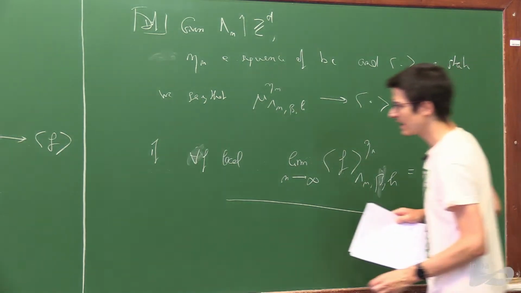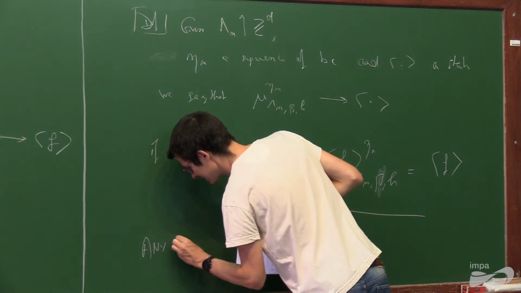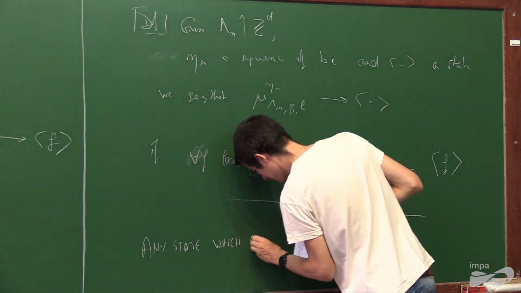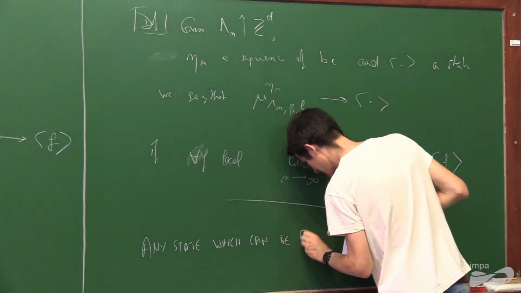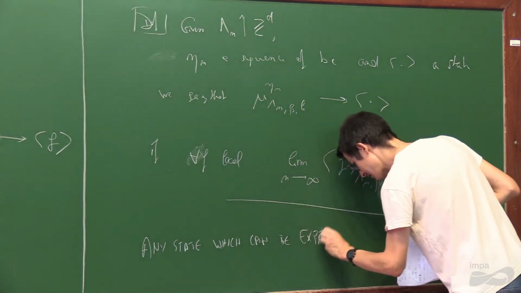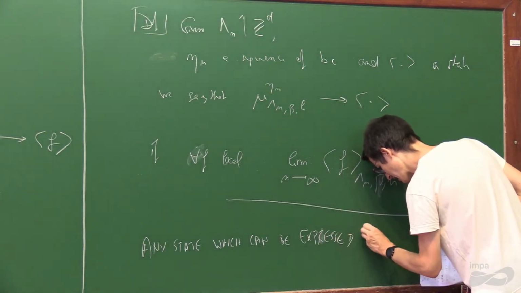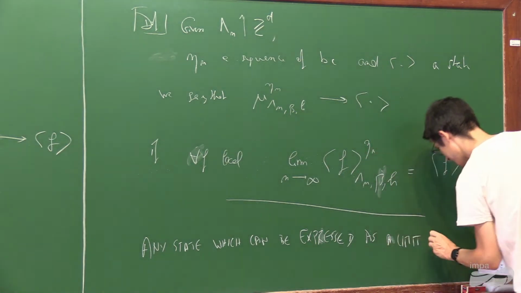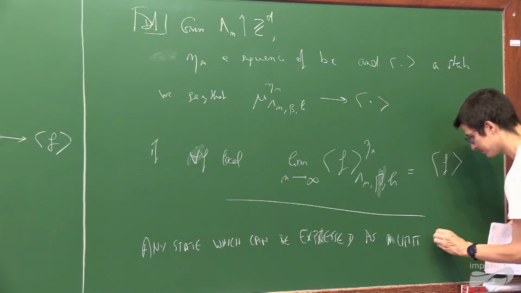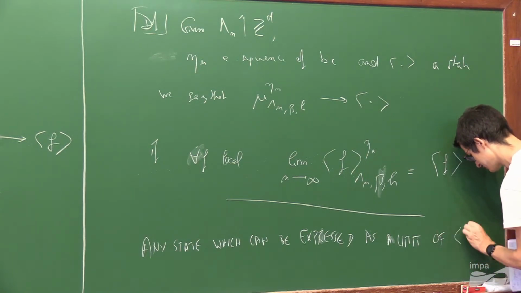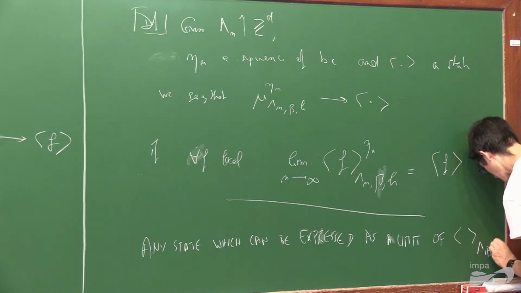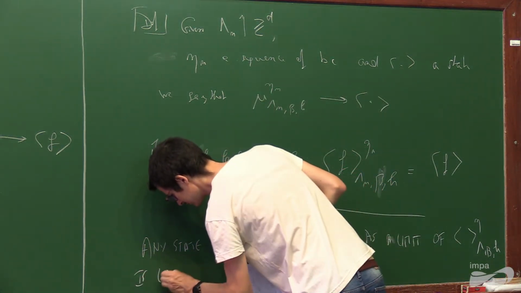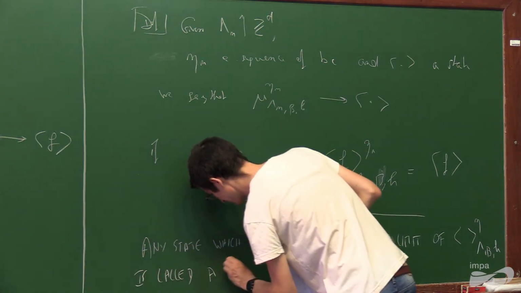And any state which can be expressed as a limit of this kind is called a Gibbs state.